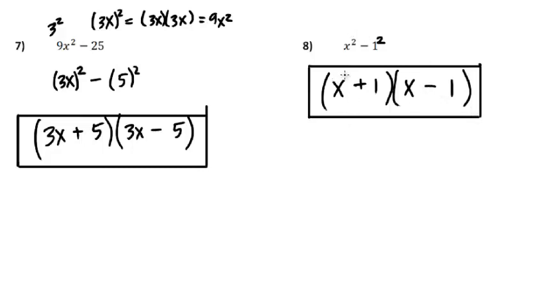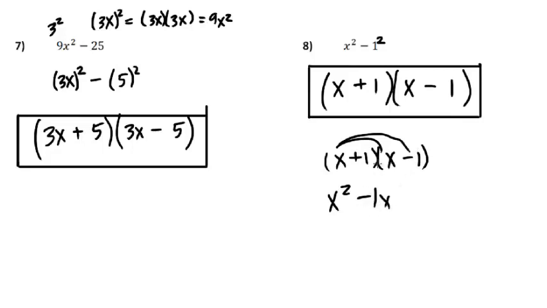And you could double distribute and check if you really wanted to. Okay, and actually let's do that for the last one, just because I forgot to do it for the other ones. So x plus 1 times x minus 1, we'll do this super quick. X times x is x squared, x times minus 1, or x times 1 gives you 1x, and we're subtracting. 1 times x gives you 1x, we're adding, because these are positive.